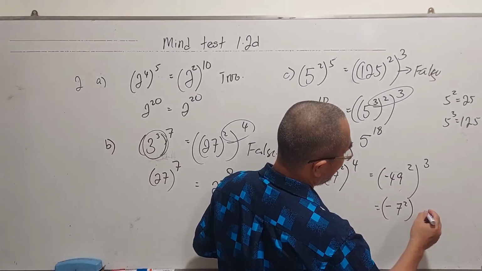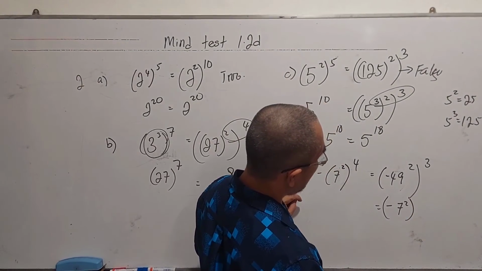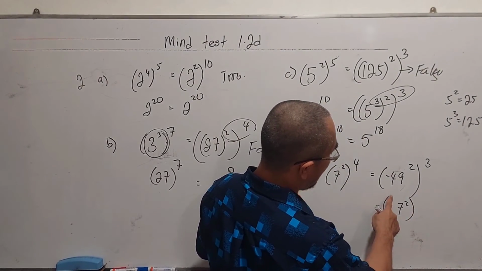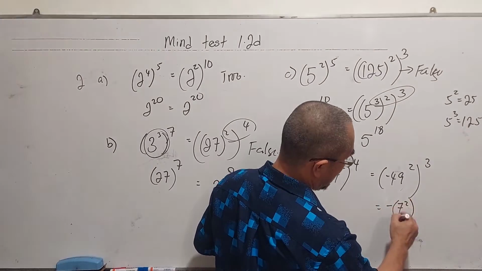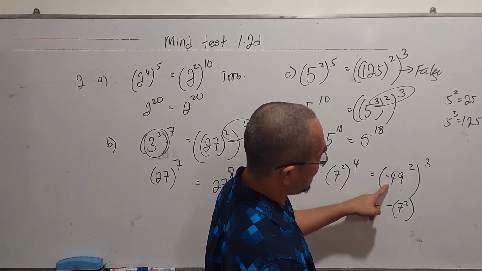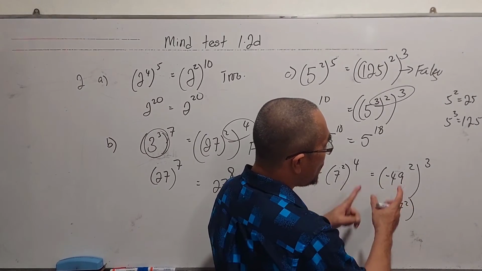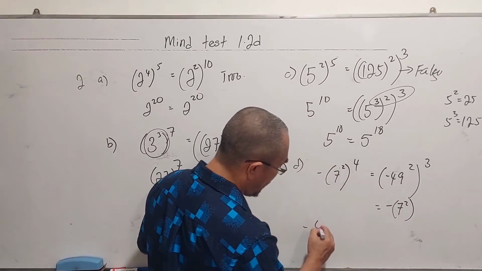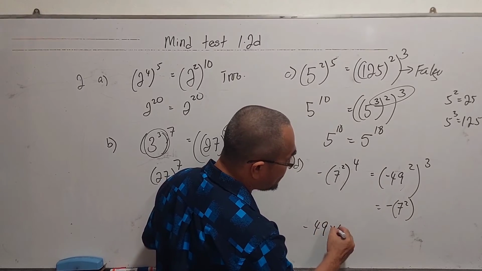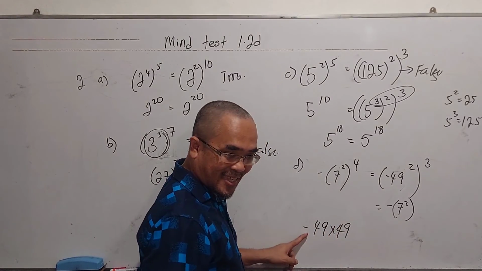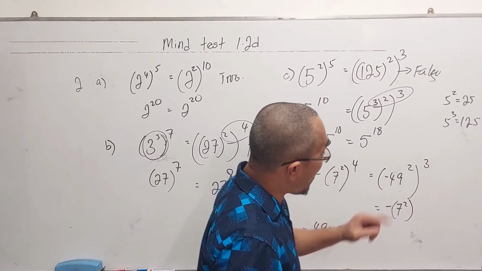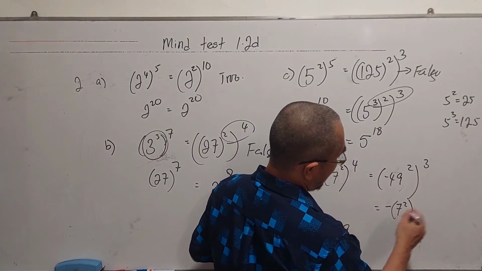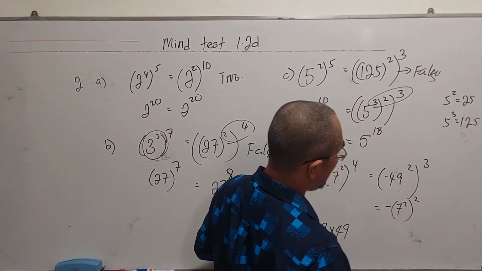And then we have, unfortunately the negative should not be inside bracket. You get that? Because this is negative 49 square. Without the bracket means negative 49 times 49. The negative is not together with the both numbers. Only one negative. Okay, here is square.